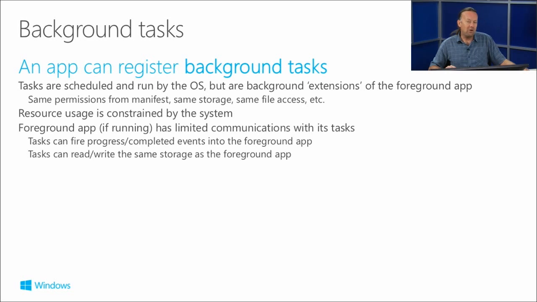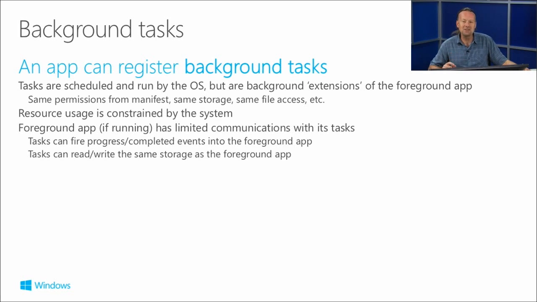If the foreground app is running at the same time as its background task, which obviously may or may not happen, but if it is, you can actually communicate between the two. The background task can fire progress and completed events, which the foreground app can subscribe to, so it can be notified of the progress of your background task as it's executing.